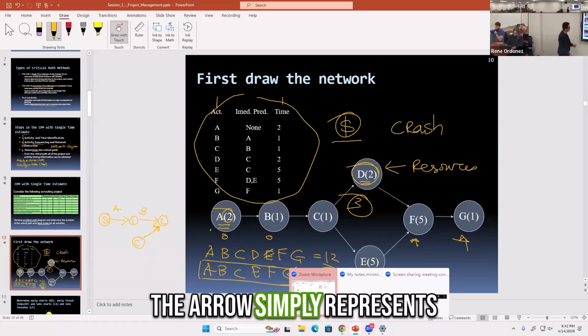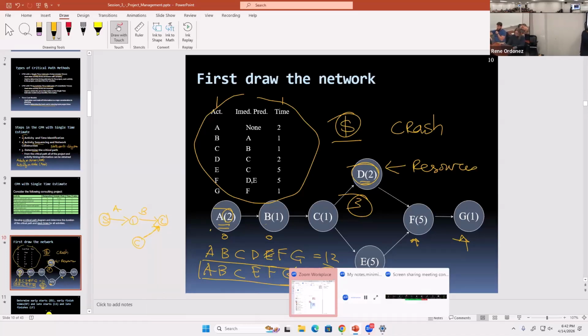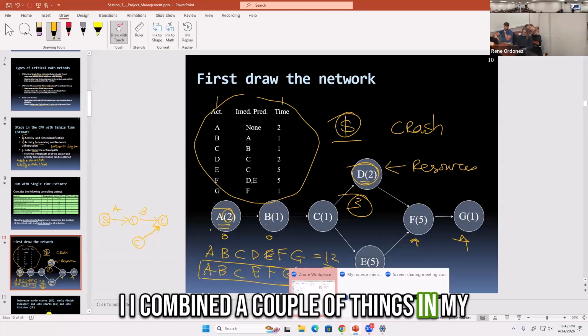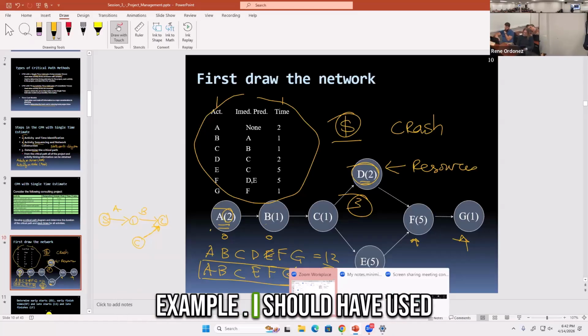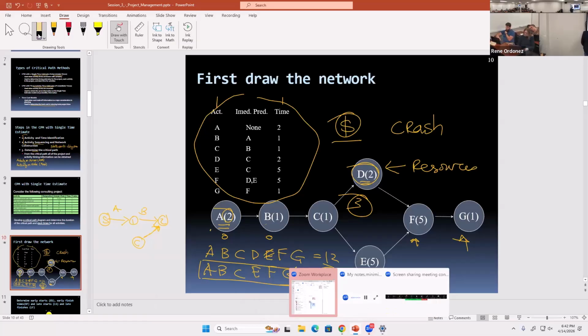The arrow simply represents a dependency. Oh no, I combined a couple of things in my example. I should have used something like that.